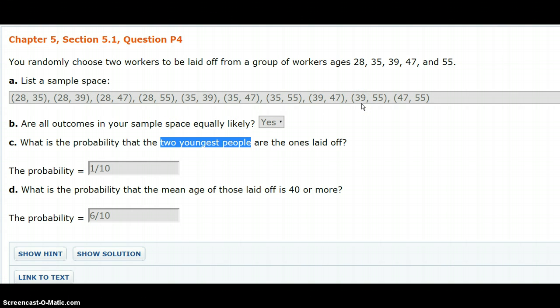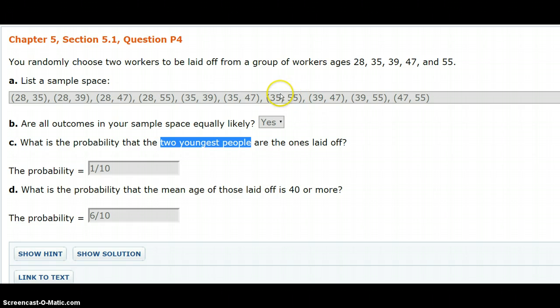Well, we know that the mean is halfway between the 2 numbers because it's not a weighted mean or anything. So just a quick look would tell me that these 2 are both over 40, because they're halfway in between these numbers and the lower number is 39. So I know that all 3 of these have a mean age of 40 or more.